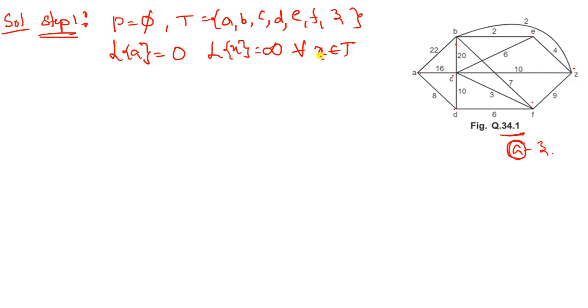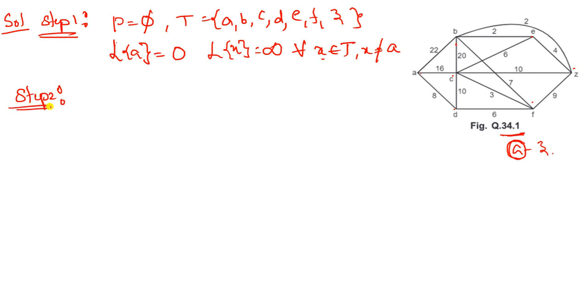Here x should not be equal to A, because we already assigned A the value 0. We can't assign another value, infinity, to A. Our starting vertex is A, and in the next step we need to find the closest vertices of A. So this is step 1, the initialization process.